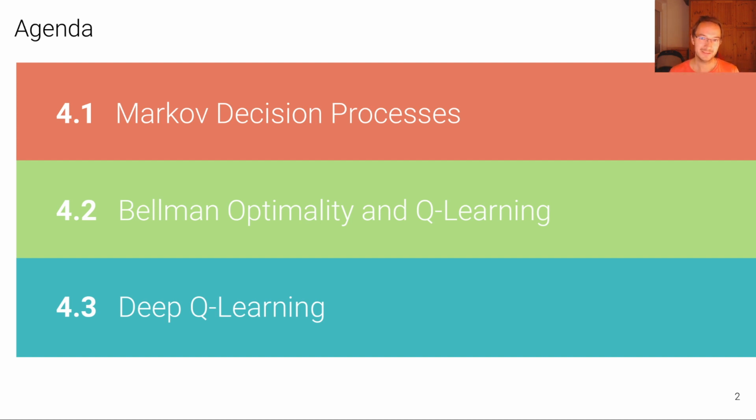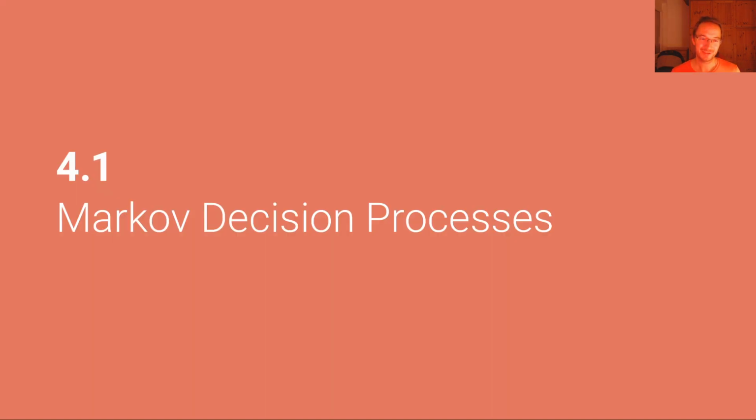And then finally, in unit number 3, we are going to have a look at a deep neural network-based version of Q-learning that's called deep Q-learning, as well as its variants. Let's get started with Markov decision processes.